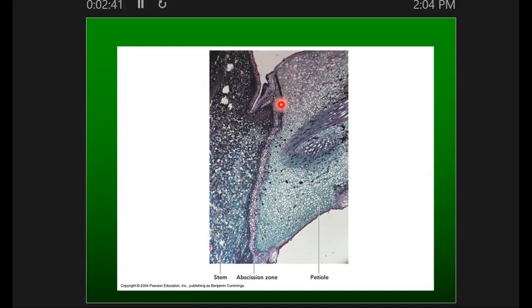And I think you can clearly see this zone here, this line of cells that look very different. And so that is called the abscission zone. So this is a line of cells that are weakening. The cell walls are starting to weaken.